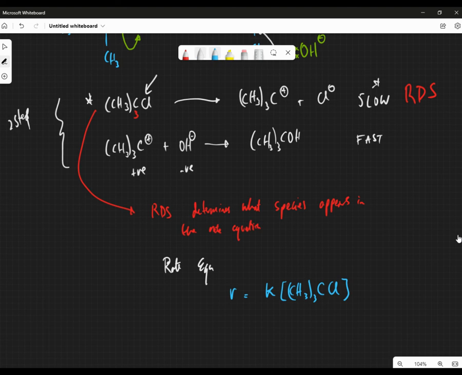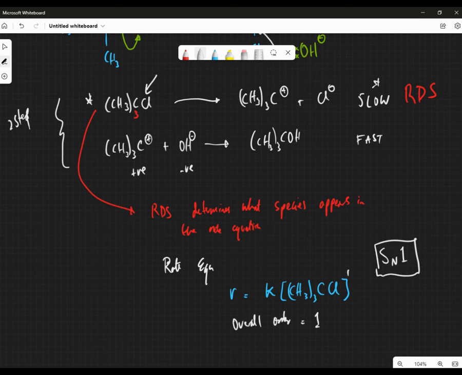Okay, and as you can see, this is order 1, and that's why the overall order is equal to 1, and that's why this mechanism is known as an SN1, because overall it is order 1. But it's only the rate determining species that appear in the rate equation. I think you understand that.